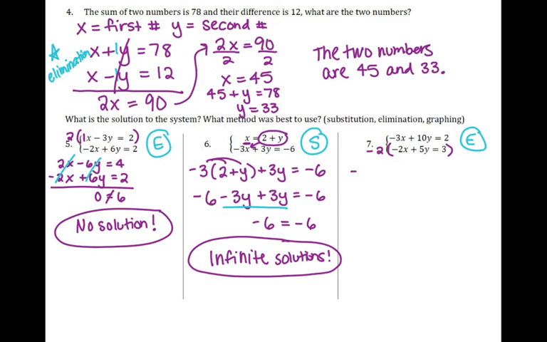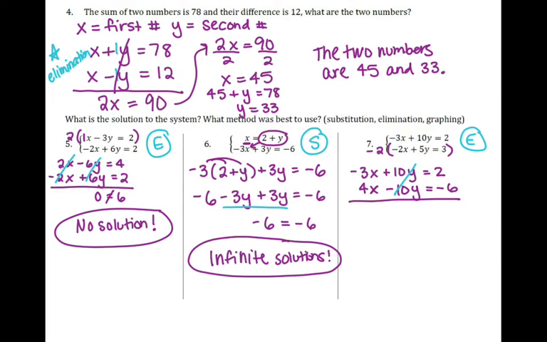I'm going to rewrite my first equation since we didn't do anything with it. For my second equation, I'm going to multiply everything by negative 2. So that gives me 4x minus 10y equals negative 6. Now my y's are all set to eliminate.